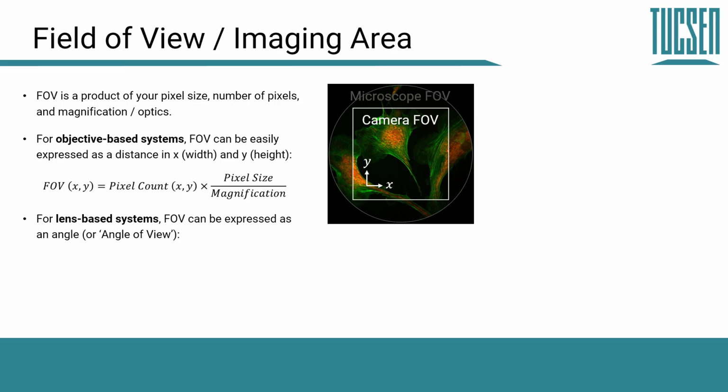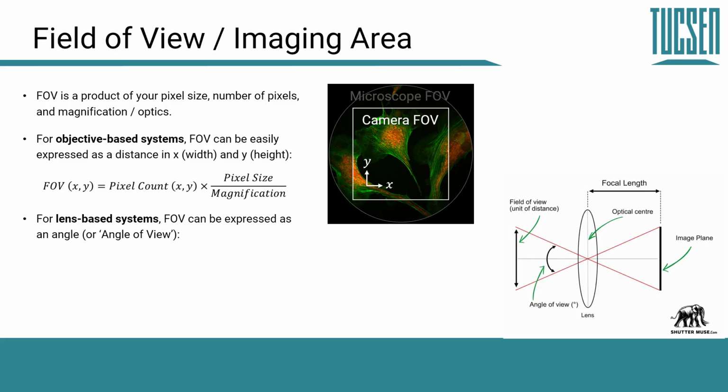For lens-based systems, though, field of view can instead be expressed as an angle or angle of view. And here this is how wide an area can we capture, because of course if you're closer to your imaging subject, you're going to be capturing a smaller amount of that subject than if your subject is really further away. You'll see much more of it.